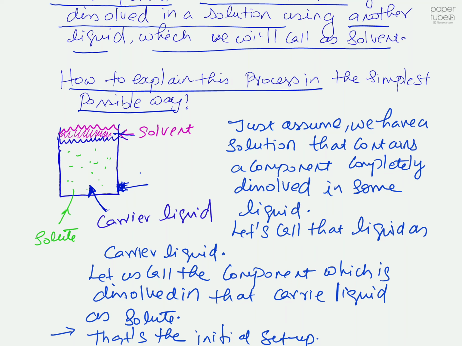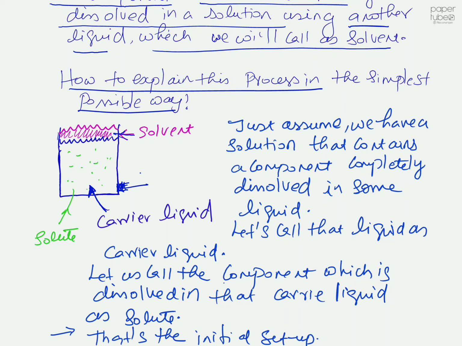So use the terminology carrier liquid, and whatever product is dissolved in the carrier liquid, we are going to call the solute. You should pay attention to these names, because when we get to ternary diagrams, we are going to use the same terminology: solvent, carrier liquid, and solute. These are the three different compounds that should come to your mind whenever we talk about liquid extraction. So that's what I wrote here.